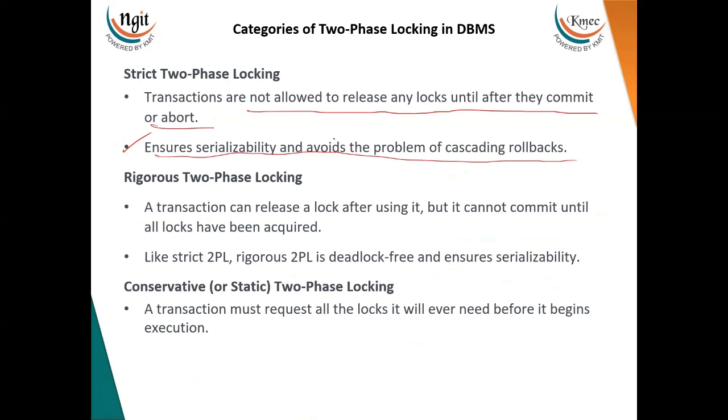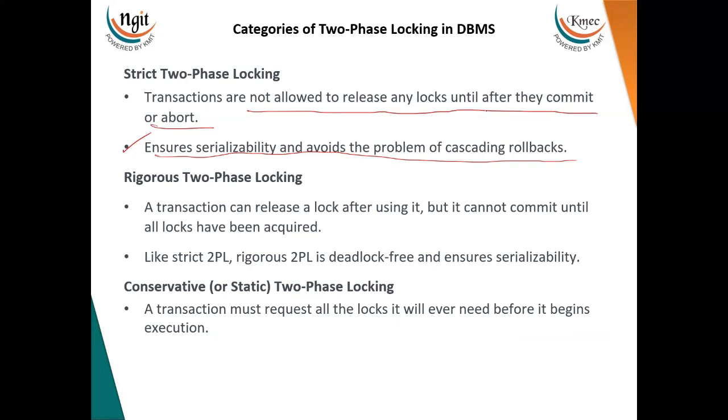Next, coming to strict two-phase locking, transactions are not allowed to release any locks until after they commit or abort. What do you mean by this? As discussed before, until a transaction completes its operations, whether it might be a read operation or a write operation, once its execution is completed, it has to make a commit.